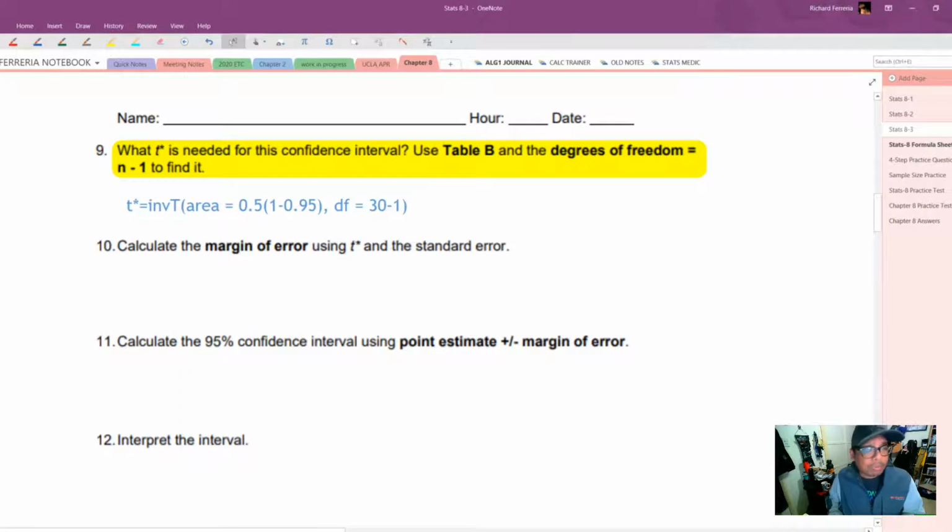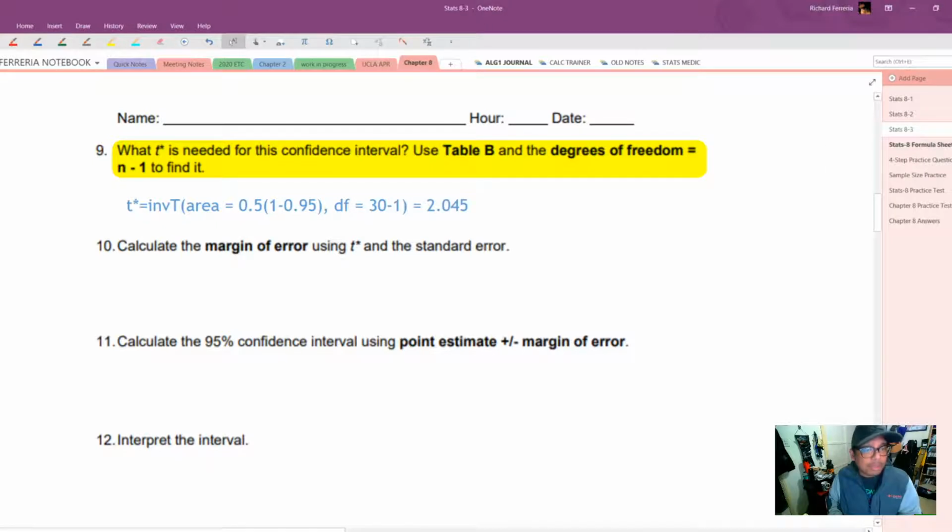So on your paper, just like with the inverse normal, since we're doing so much here, we're just going to shorthand how we find our t star. And t star is going to be equal to the inverse t, area equals 1/2 of 1 minus 0.95, comma, degree of freedom equals 30 minus 1.